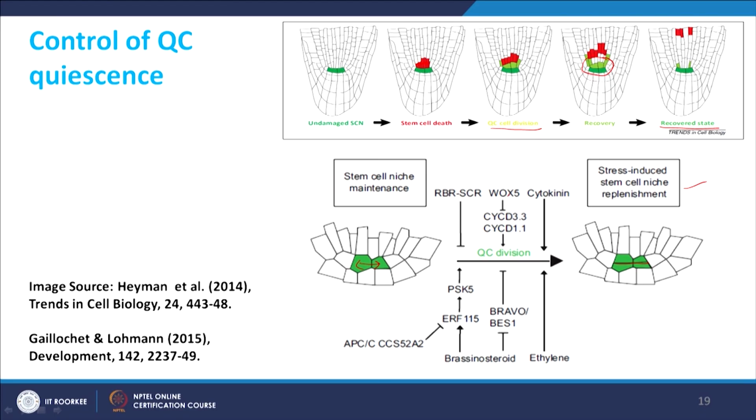These processes are regulated by multiple pathways: the Vox5 mediated pathway, cytokinin, and the RBR scarecrow mediated pathway, and some other pathways, but brassinosteroid and ethylene hormones also play an important role. So we will stop this class here.